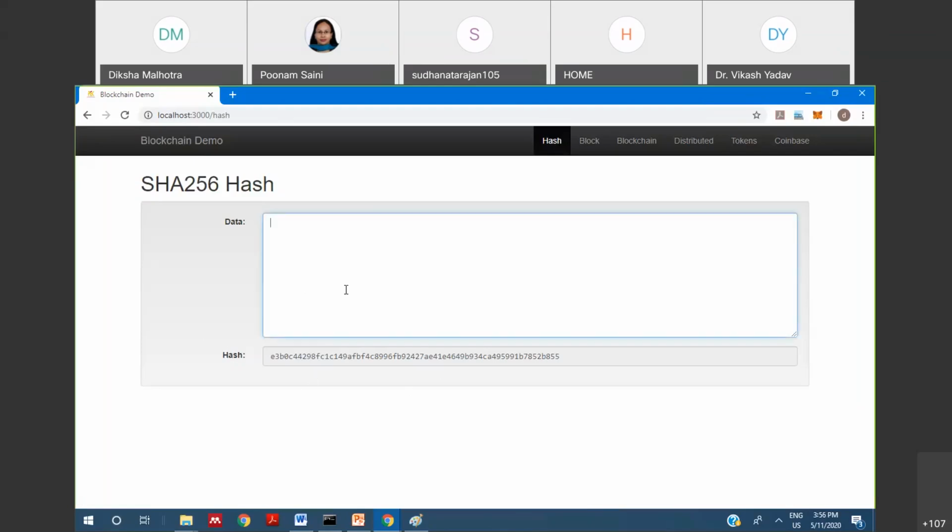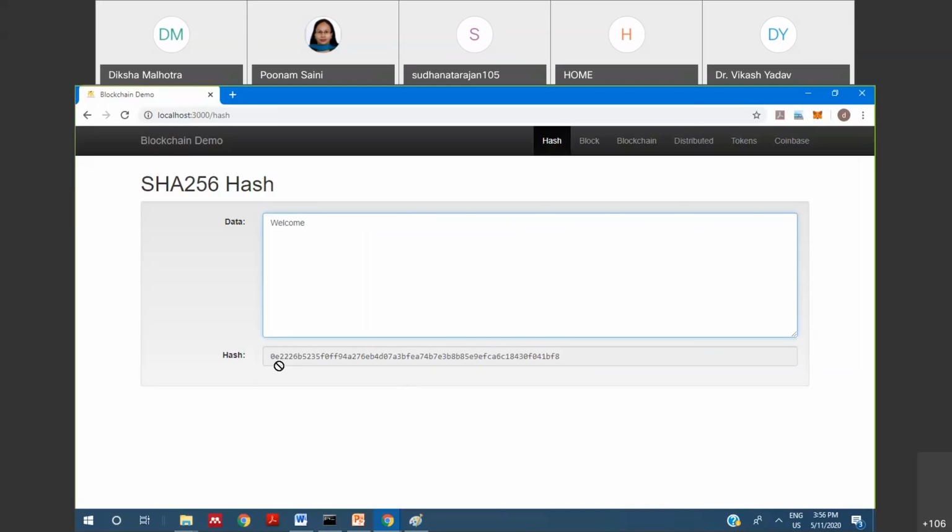Next, generally, the blockchain uses SHA-256 hash in order to compute its hashes. Let's see how properties of hash change. Suppose I change some data in the file, so the corresponding hash will also change, whereas the length of the hash will remain the same.